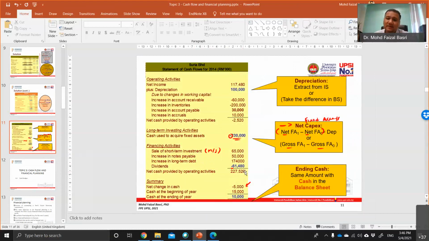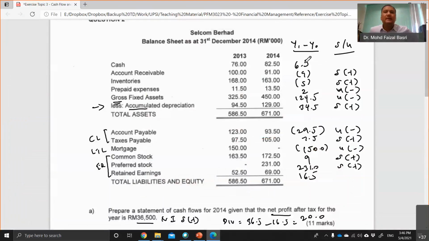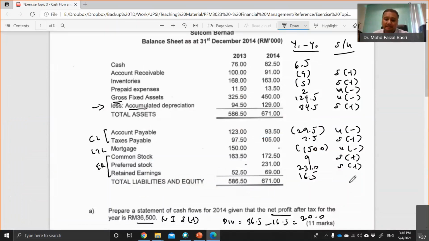We add or minus whichever is relevant and get the final amount. The total must equal the answer we already have, 36.5. That's how you solve the cash flow statement, so we can see the movement of cash transactions for that particular year.